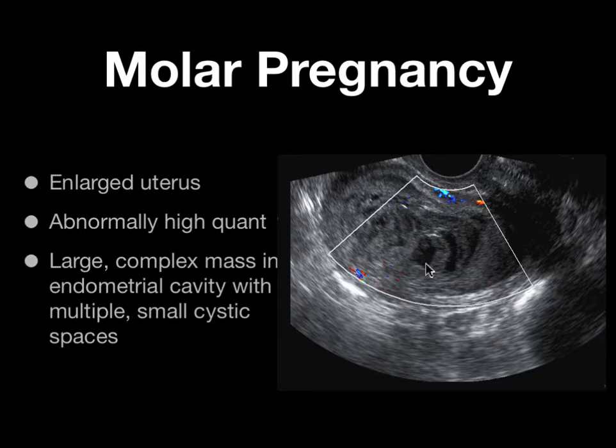In early first trimester, the findings of a molar pregnancy could look very similar to the findings of pregnancy failure. So you would need to couple this with the quant, but you have to be very careful. The classic findings described in the literature pertain to late first trimester, early second trimester.